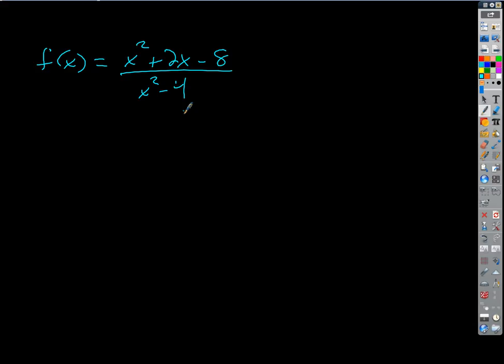But how would I go about finding the places where it has asymptotes, vertical asymptotes as compared to holes?